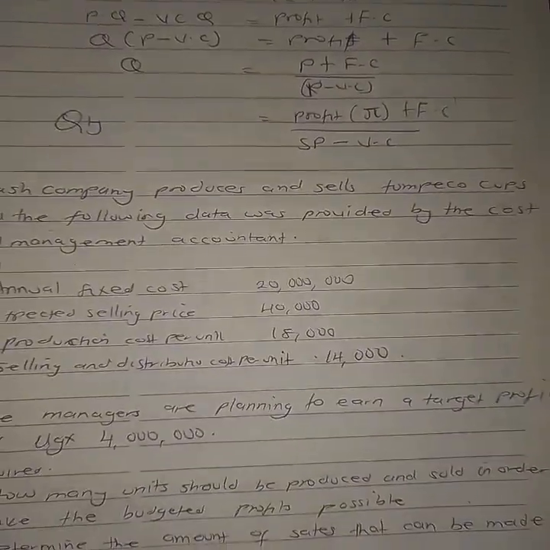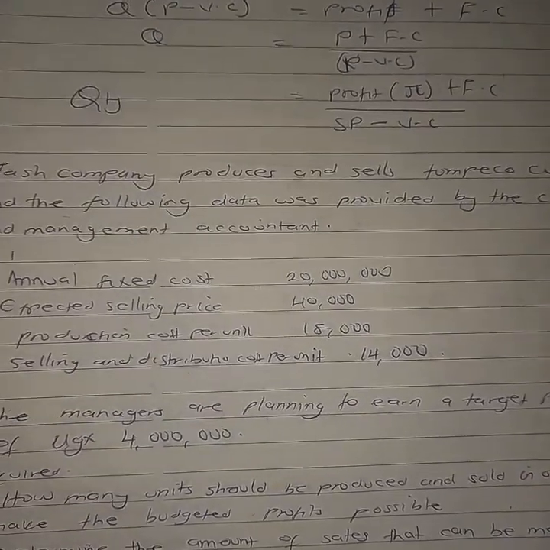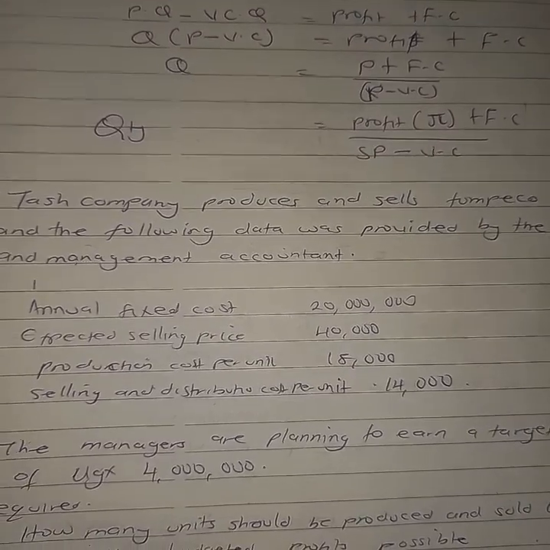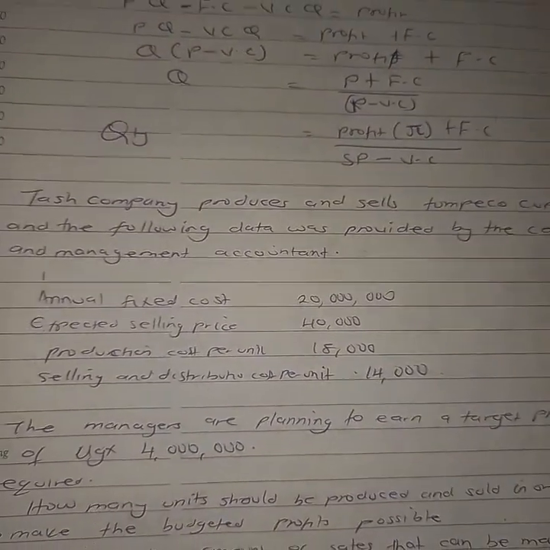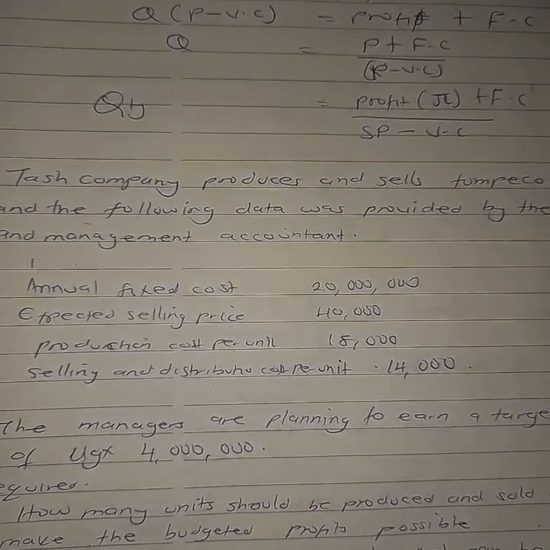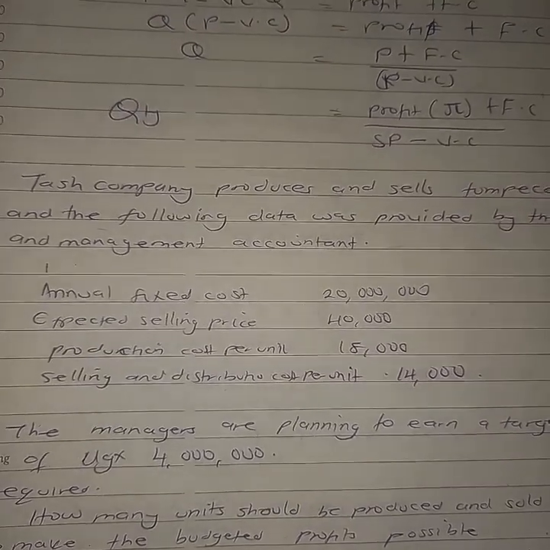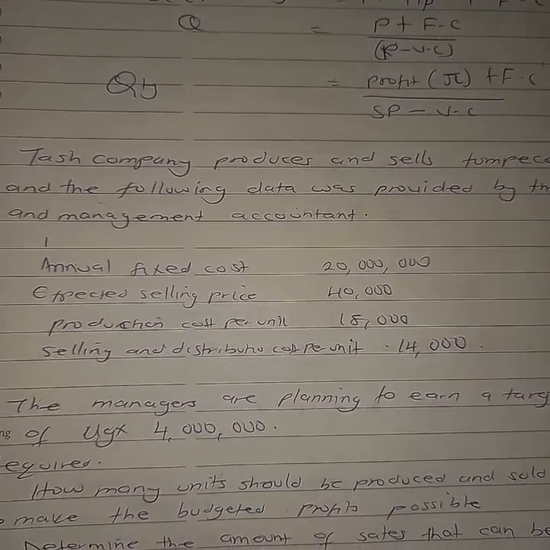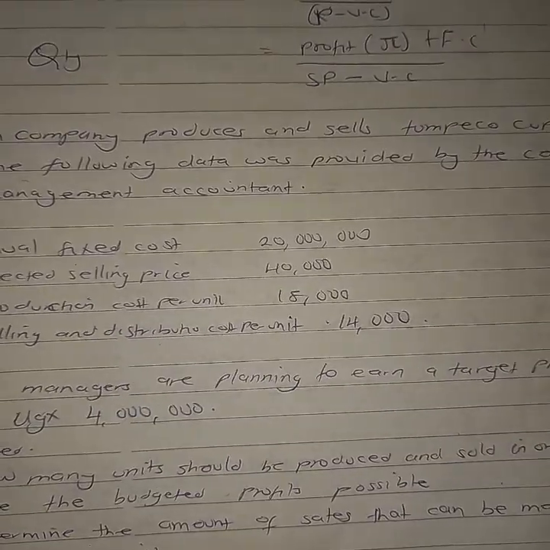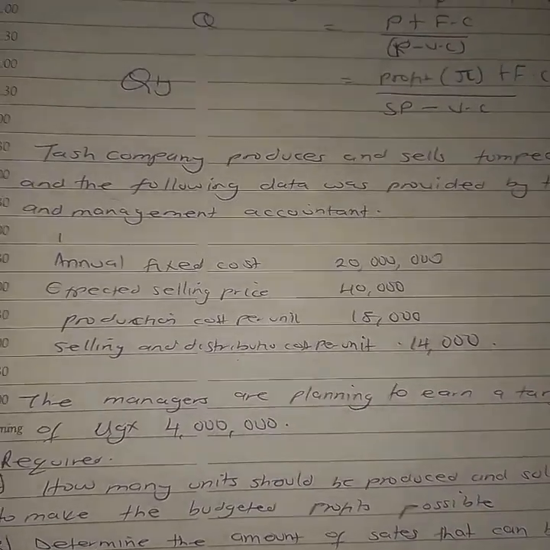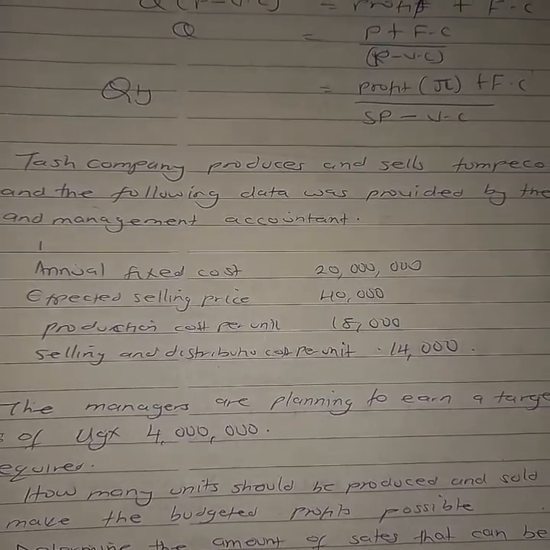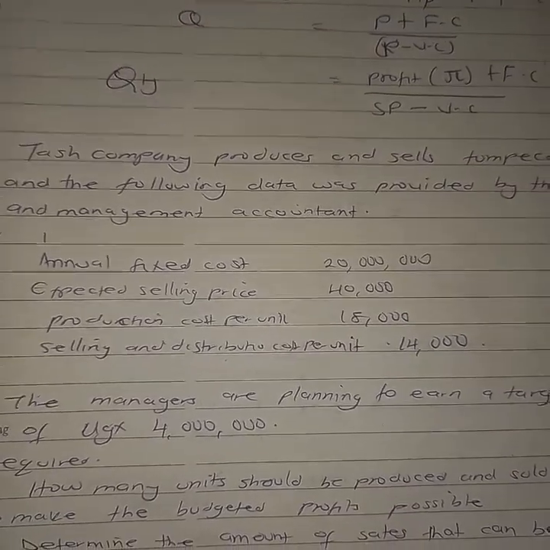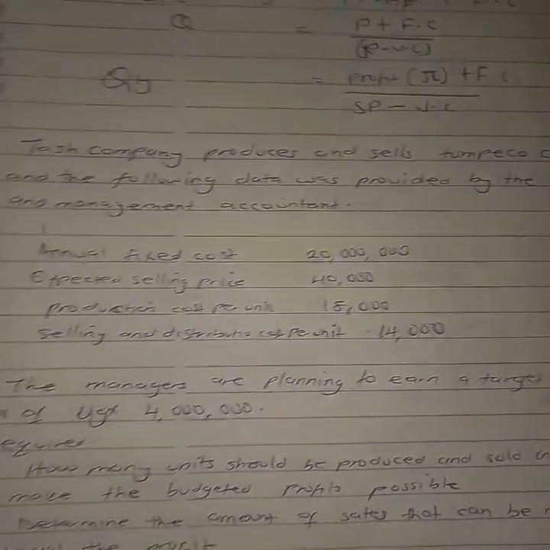I'll have an example which we're going to do as we get to know more about it. The question says, Dash company produces and sells Tampeco cups, and the following data was provided by the cost and management accountant. Annual fixed costs of 20 millions, expected selling price of 40,000, production cost per unit of 18,000, selling and distribution cost per unit of 14,000.